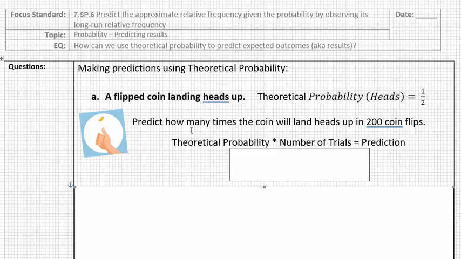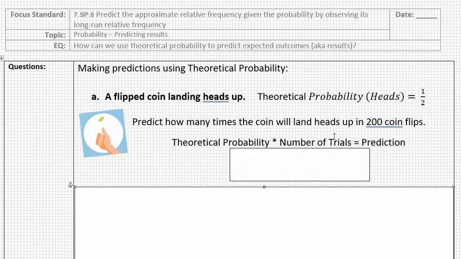Now we want to predict how many times the coin will land heads up in 200 coin flips. You may have a few predictions about this from prior knowledge, but here is a formula we can use to make accurate predictions. We take the theoretical probability and multiply it by the number of trials, and that will give us an accurate prediction.